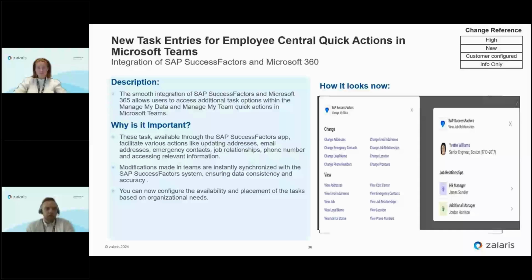You can now configure the availability and placements of the tasks, and it is also possible with the new release to configure 8 fields for each quick action, where previously only 5 were available. So now you have a bit more customization and user friendliness to have all info required included.